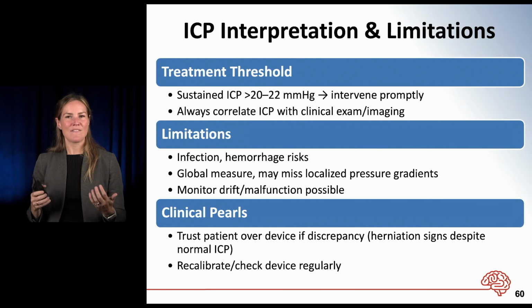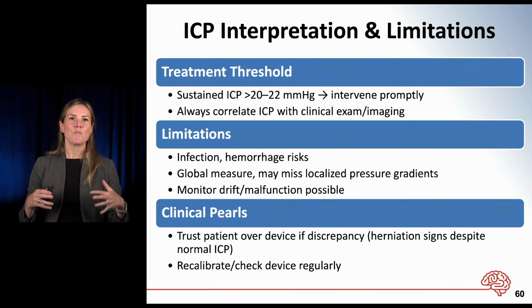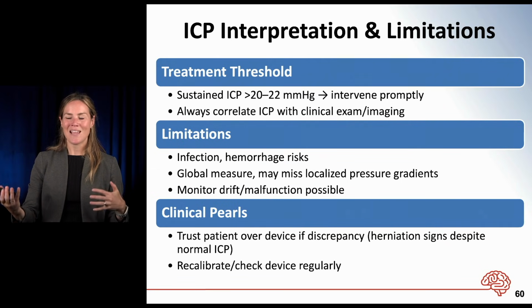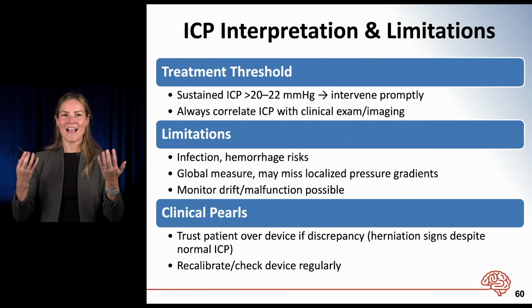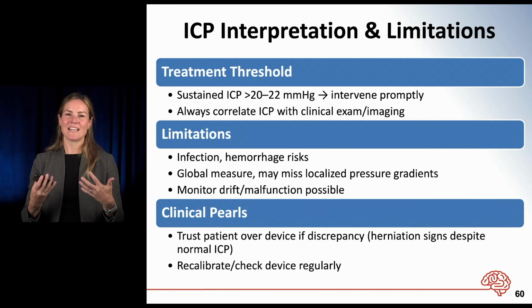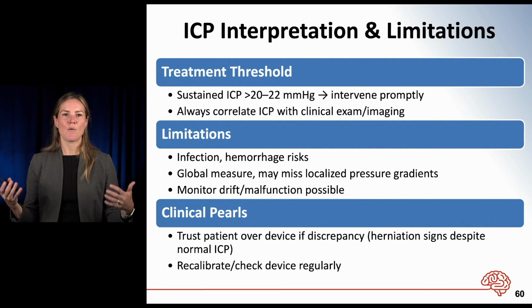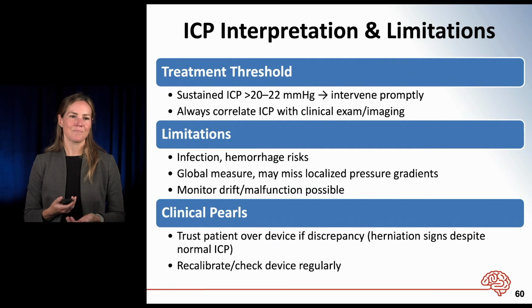If you don't have an ICP monitor, you're going by the clinical exam, the radiographic exam, and your prediction of when the patient's pathology is likely to get worse. ICP monitoring allows you to have a number to say, the ICP is high, we need to escalate therapy. Or this ICP is low, our therapy is working really well. Maybe at some point we can start to pull off therapies.